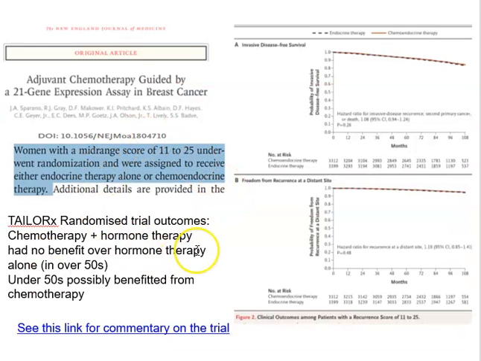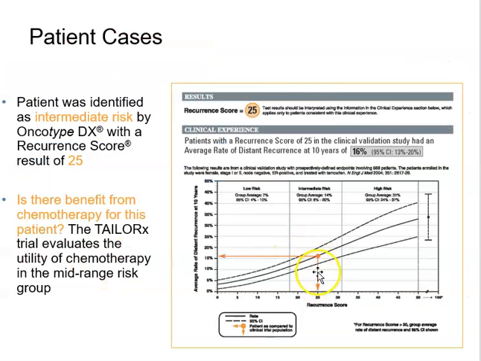This was the TAILOR-X trial, and it looked at women who were under 50 versus over 50, and the conclusion of this huge trial was that the under 50s possibly benefited from chemotherapy if they had an intermediate recurrence score, but the over 50s didn't. So that indeterminate region here is being further stratified by a follow-up study.